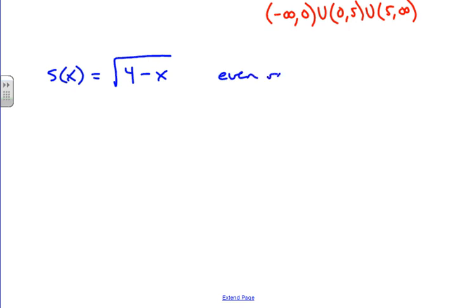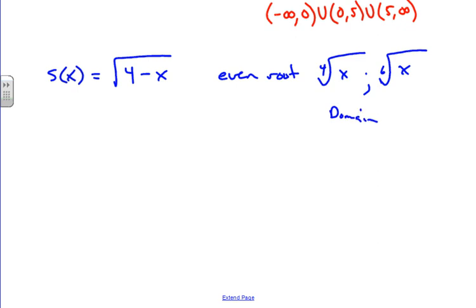With any even root, we cannot take an even root of a negative value. So all the values in there have to be greater than or equal to 0. Any even root, like a 4th root or a 6th root, all of these domains are also restricted.